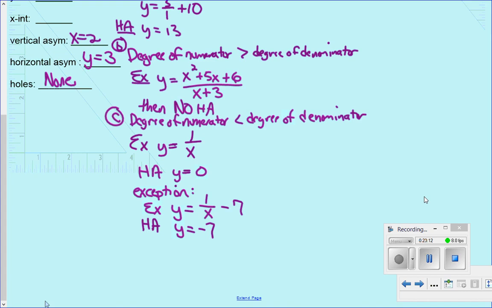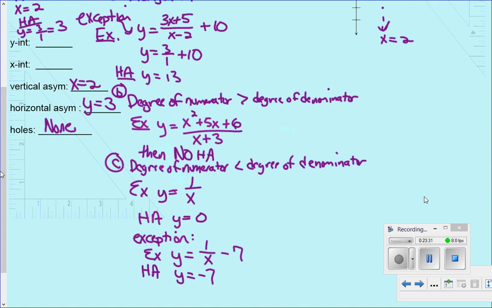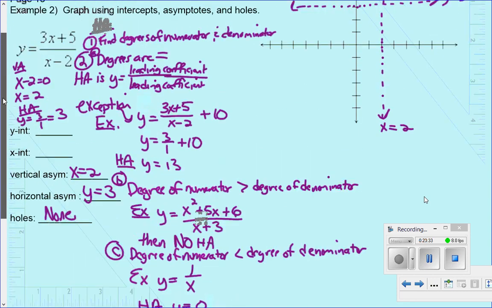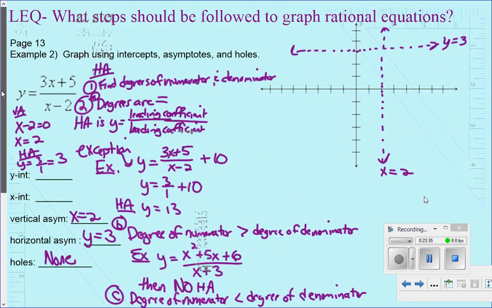But if the degree of the numerator is bigger than the degree of denominator, like scenario B, then there's no horizontal asymptote, regardless of whether there's a number added on the end or not. That'll just always be no horizontal asymptote. Okay, so those are the notes that you need in your notebook. Now let's go back and finish our problem. So we did just figure out that there's a horizontal asymptote at y equals 3 and a vertical at x equals 2.